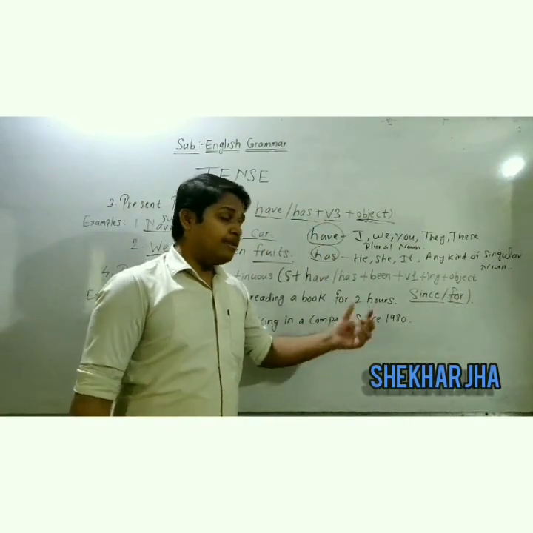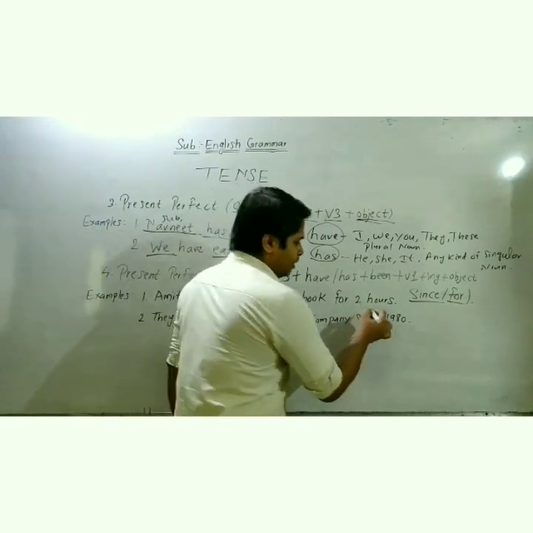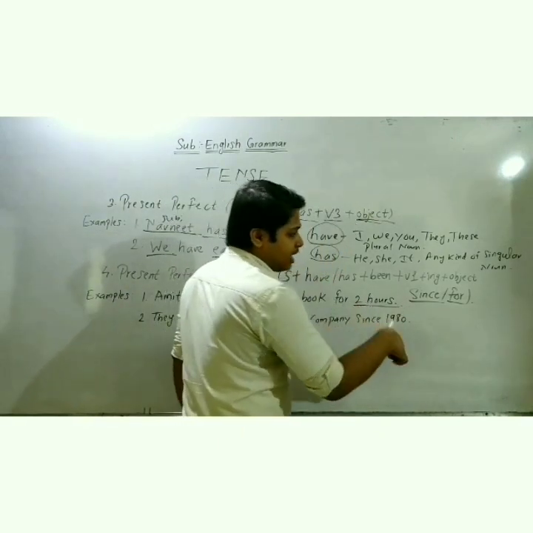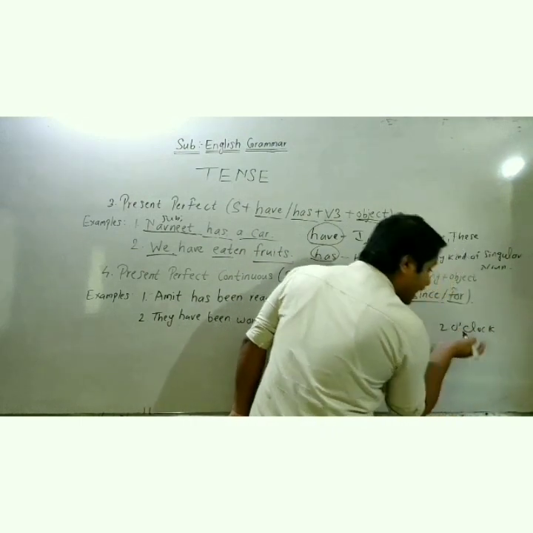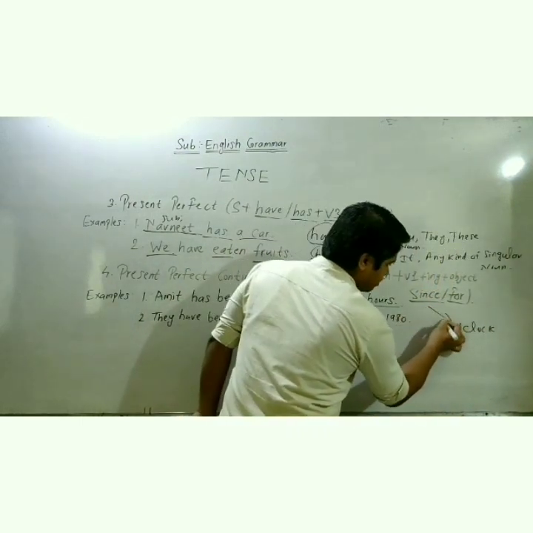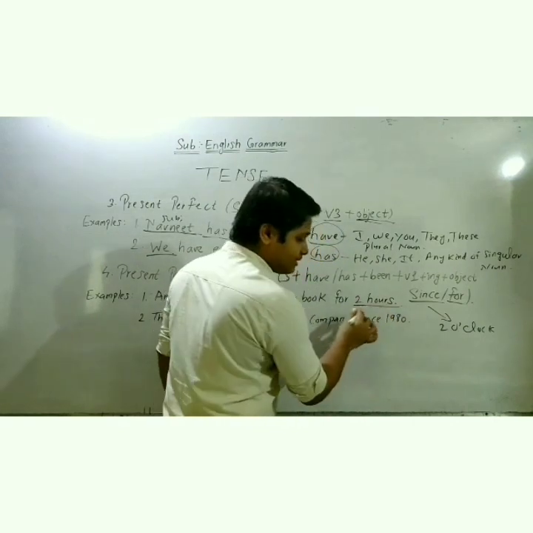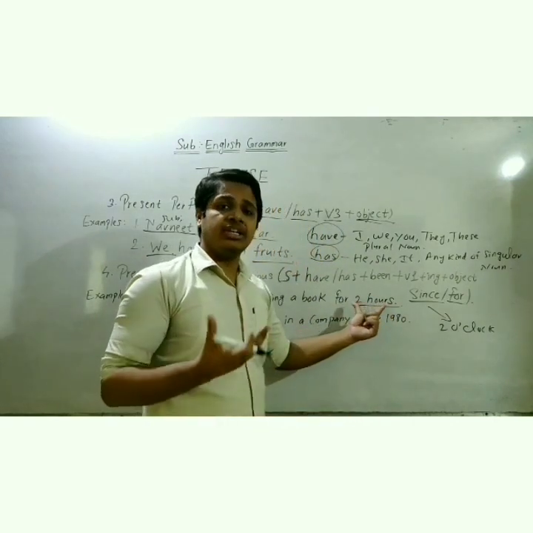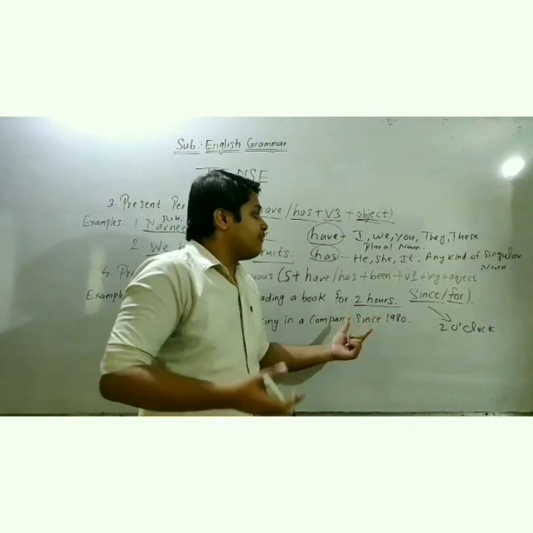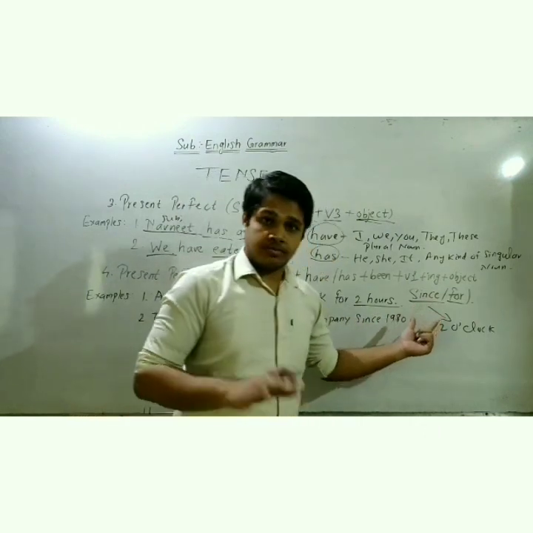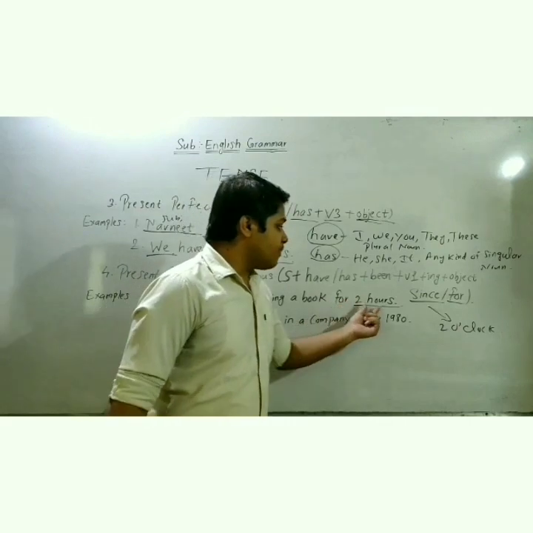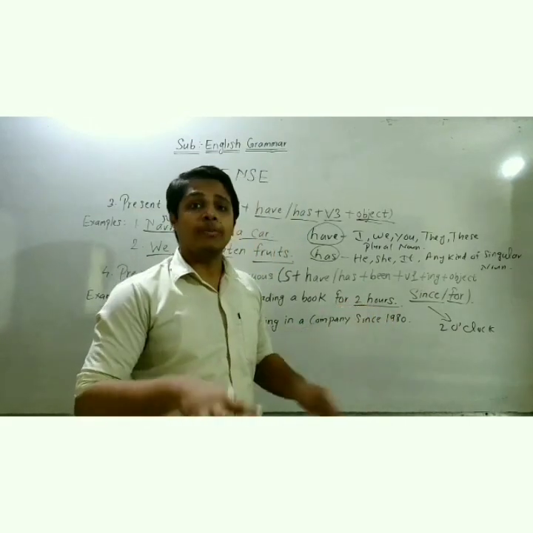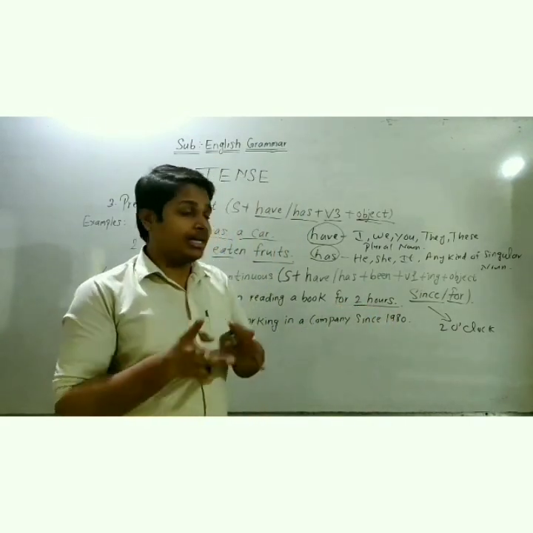If the time were exact, suppose instead of 2 hours I wrote 2 o'clock, then I could use since. But here 2 hours is there, so a proper time is not indicated, and that's why we can't use since. Clear? We use for 2 hours because the exact time is not mentioned.